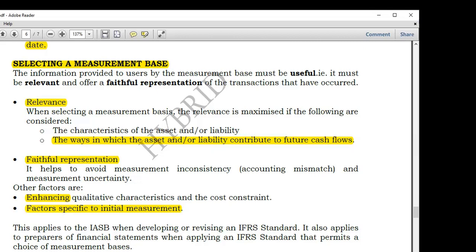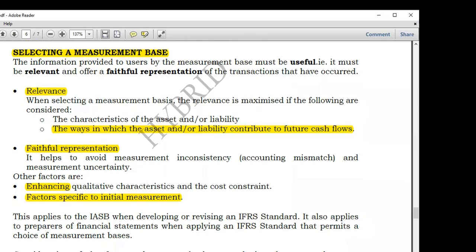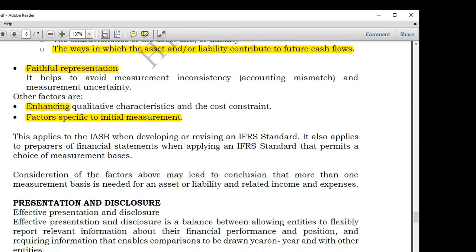That's why they're saying factors specific to initial measurement. There are assets that you acquire through exchange. You give your asset, you receive the asset. So you study those when dealing with a specific standard. For example, maybe you're dealing with PPE, property, plant, and equipment. You study that. And again, we say that this applies to the ISB when developing or revising an IFRS.